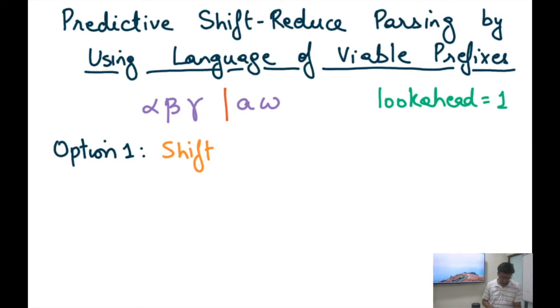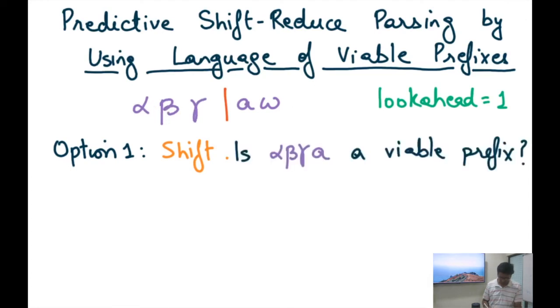For example, let's say at any step in my parsing algorithm, I have alpha, beta, gamma, cursor, and then A, omega. Here alpha, beta, gamma are strings of terminals and non-terminals. A is a single terminal character or token, and omega is also a string of terminals and non-terminals. Now the first option is I can shift. If I shift, what do I get?